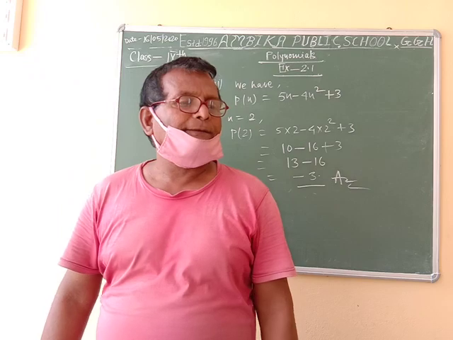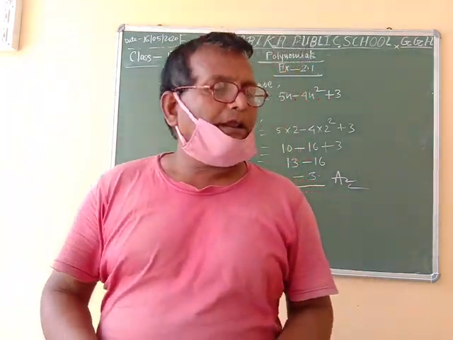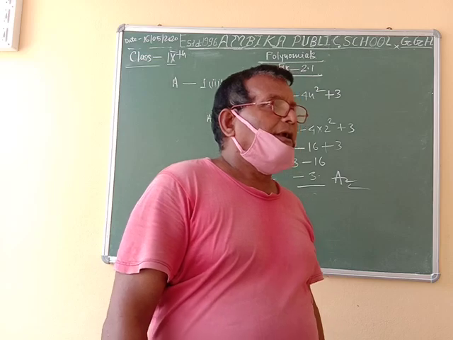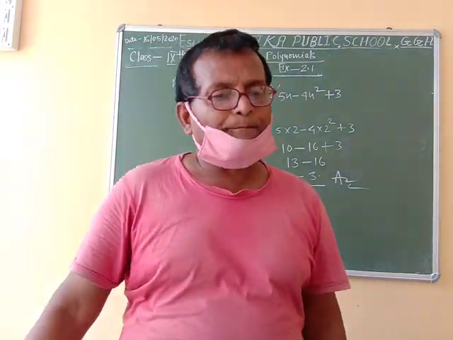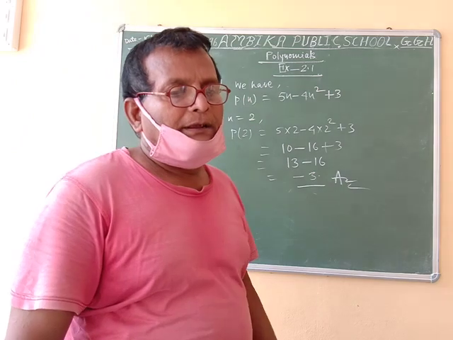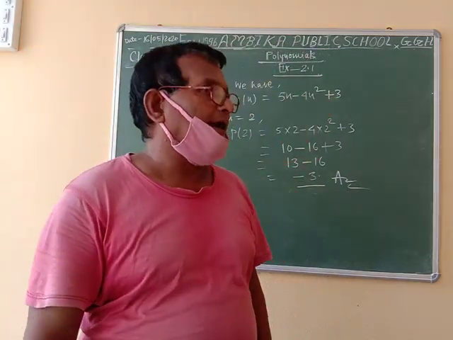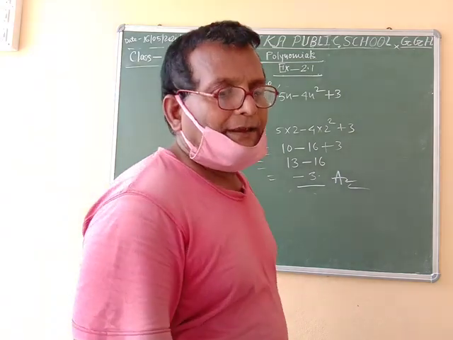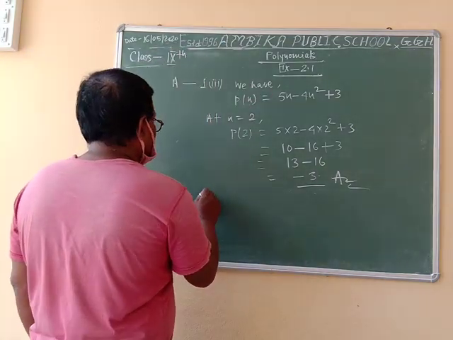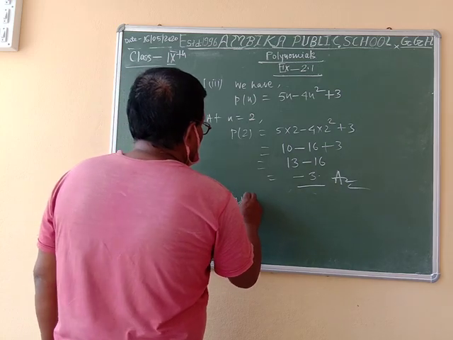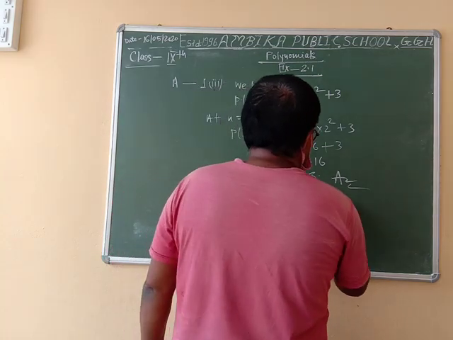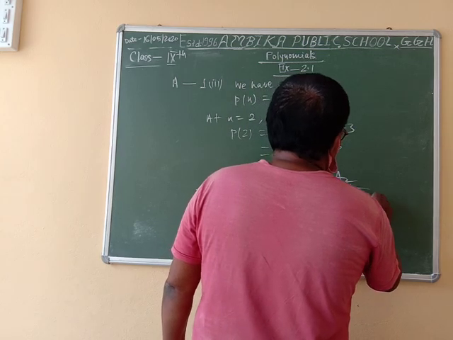So in polynomials, division algorithm says that if p(x) and g(x) be two given polynomials such that degree of p(x) is greater than equal to degree of g(x), and on dividing p(x) by g(x), let q(x) be the quotient and r(x) be the remainder, then in general we have dividend is equal to divisor into quotient plus remainder.